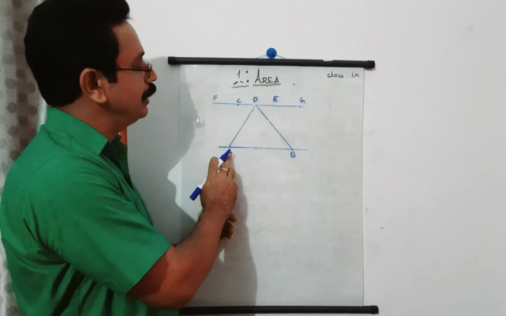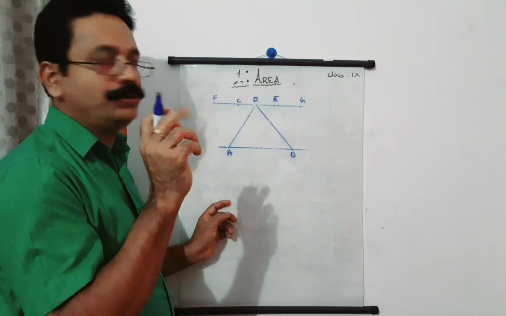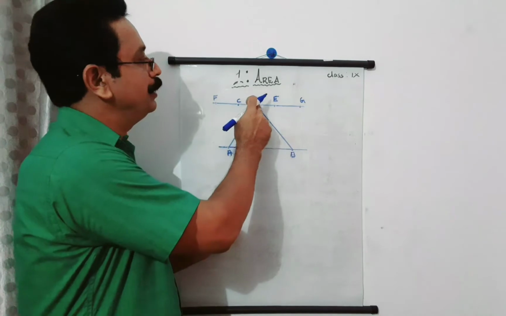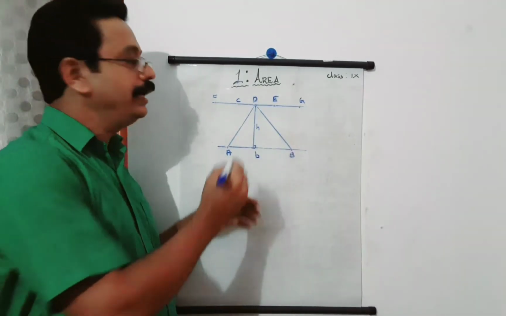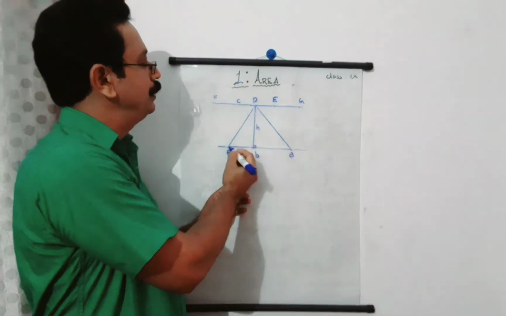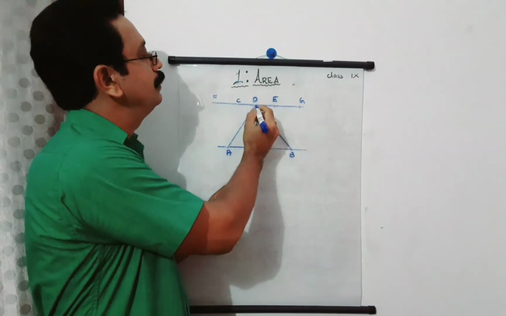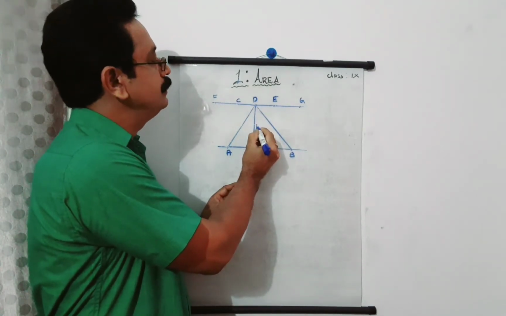The base of this triangle is AB. Now I'm going to draw the perpendicular from D to this base AB. I have drawn the perpendicular from D to the base AB and taken its length as h.